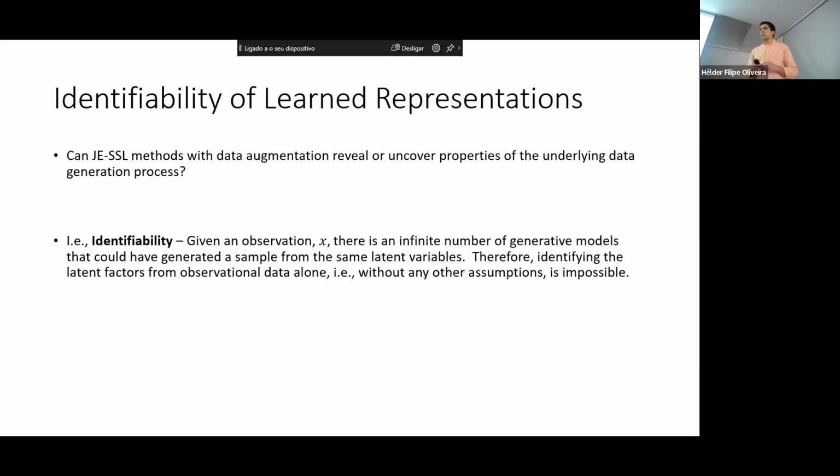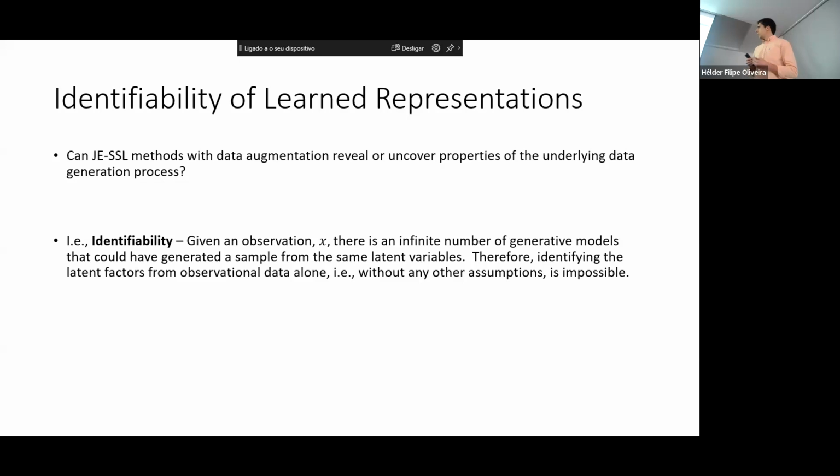And so, given these joint embedding self-supervised learning methods, what this paper tries to do is to understand if these methods with data augmentation can reveal or uncover some properties of the underlying data generation process. So what we want to understand is identifiability.